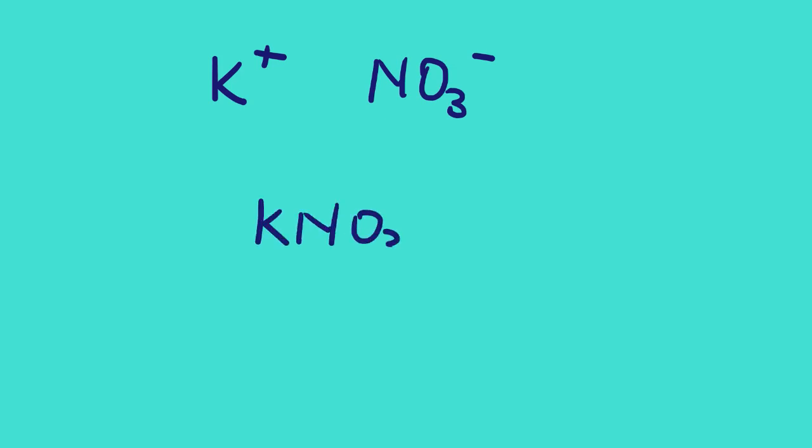Let us look at this example, potassium and nitrate. Well, to form potassium nitrate, we are just going to cross over the two.